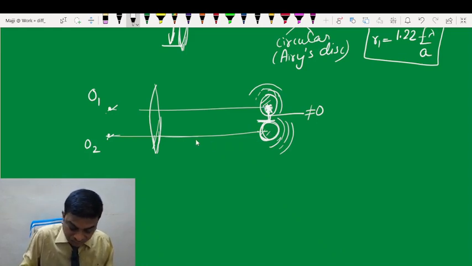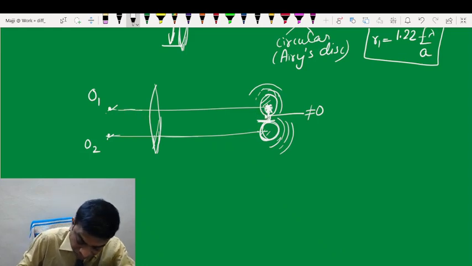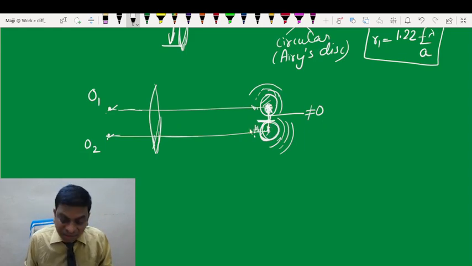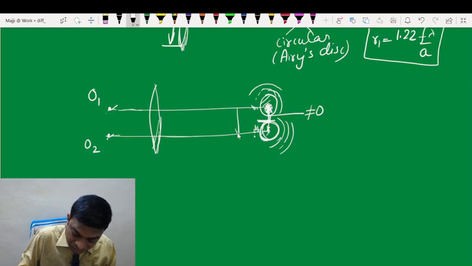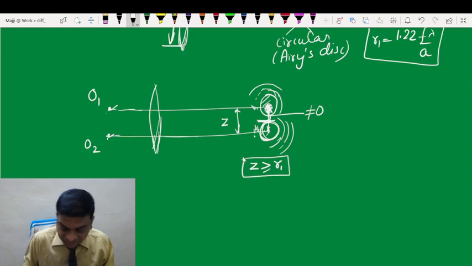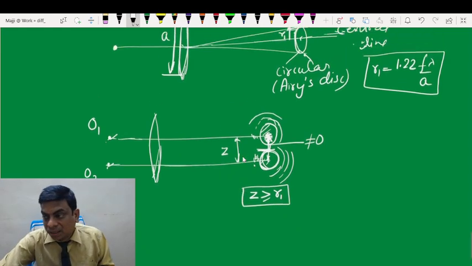In other words, the separation between the central maxima of the two should be greater than or equal to the radius of the Airy disk. If I take this separation as z, then z should be greater than or equal to the radius of the Airy disk. This is the condition.